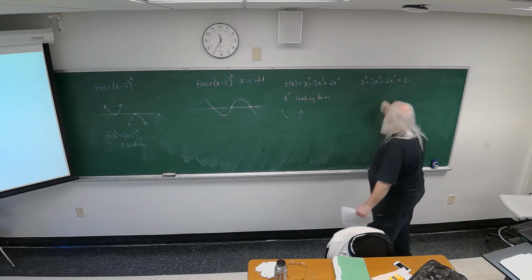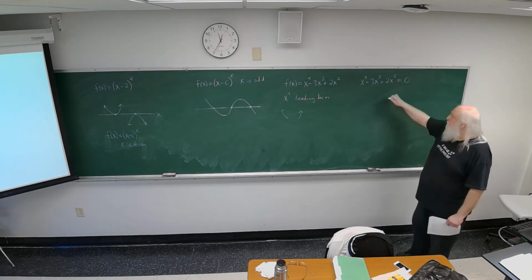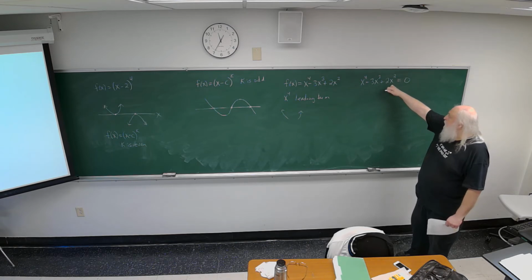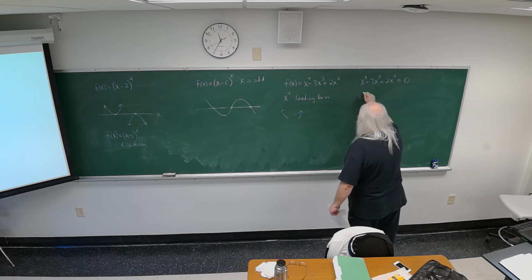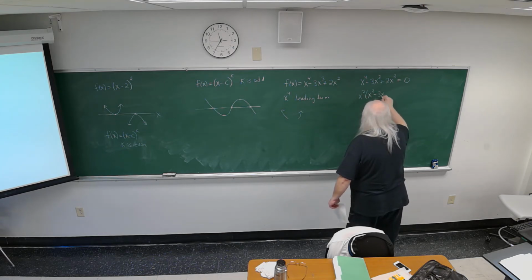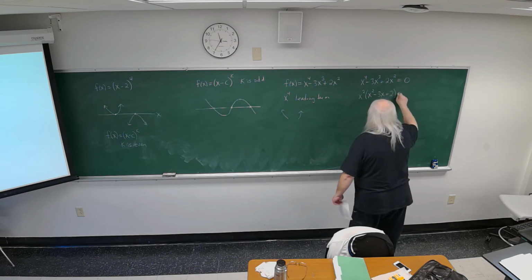So you can see we've got 3 terms all involving x. The smallest power of x is 2, so we can factor out an x squared. So we have x squared times x squared minus 3x plus 2.